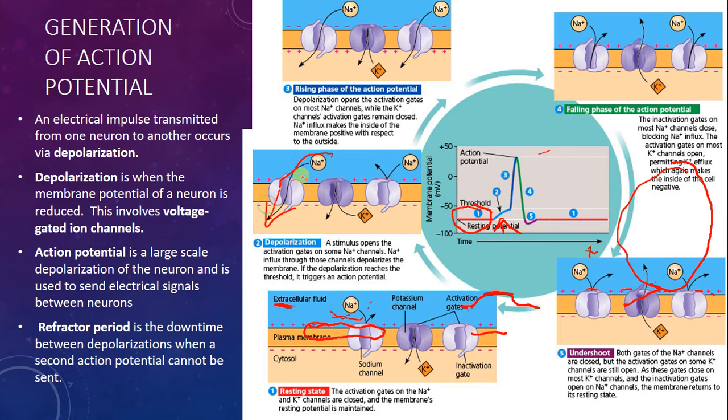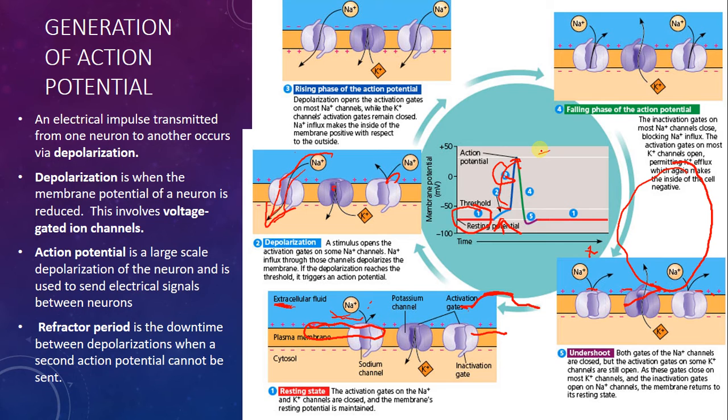So, a large-scale influx of sodium ions, and the potassium channels are still closed, right here. And if that stimulation is big enough, so it crosses the threshold, this positive feedback will happen in which a large influx of sodium will start stimulating more and more sodium ion channels to open, and an action potential will be triggered.